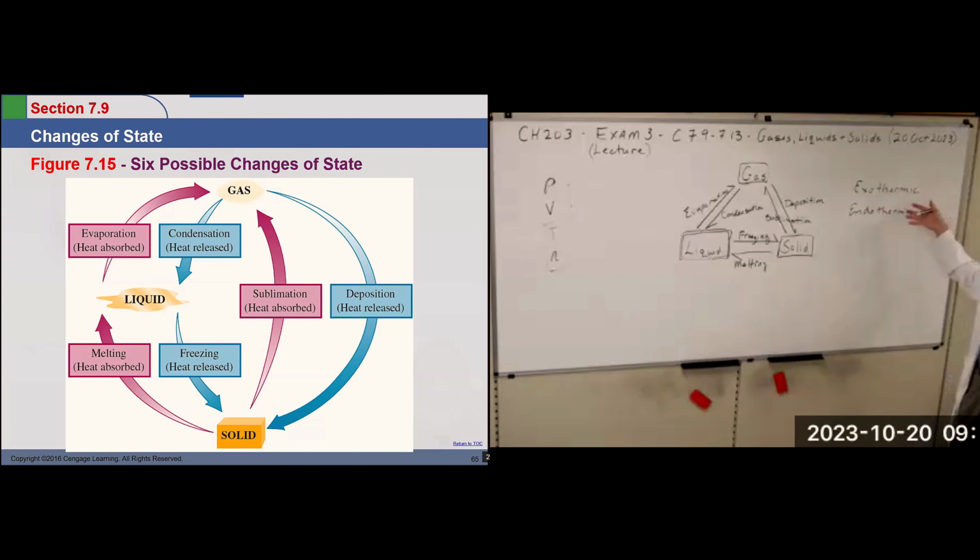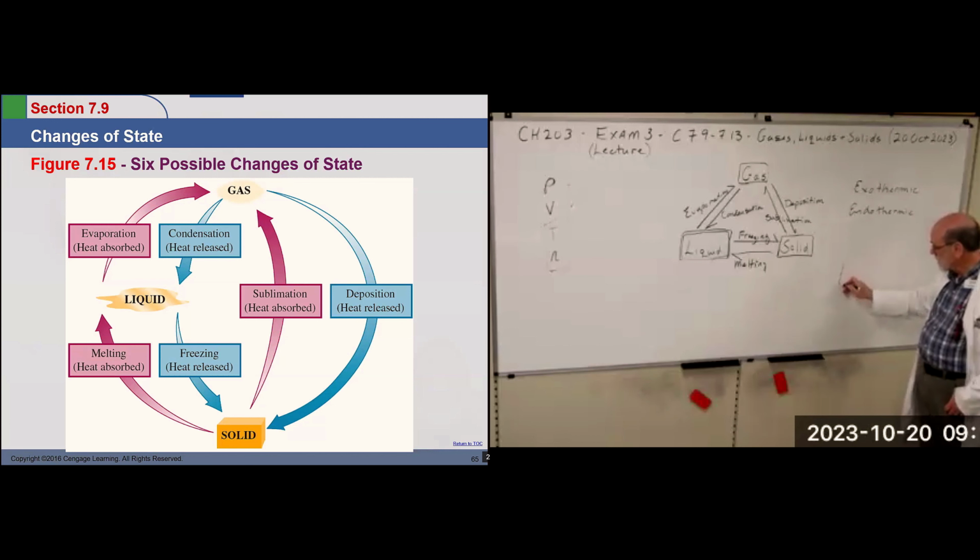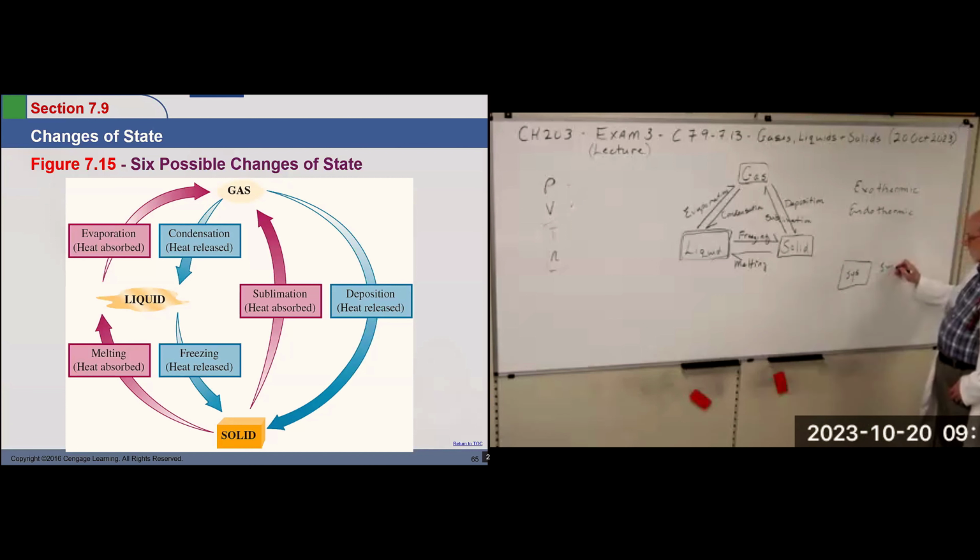They're talking about heat transfer. But I find it useful to think of heat transfer in terms of system and surroundings. If you have a system, and it could be defined for you, or you could define it, whatever it happens to be. We could say the system is an ice cube, and then the surroundings is everything else.